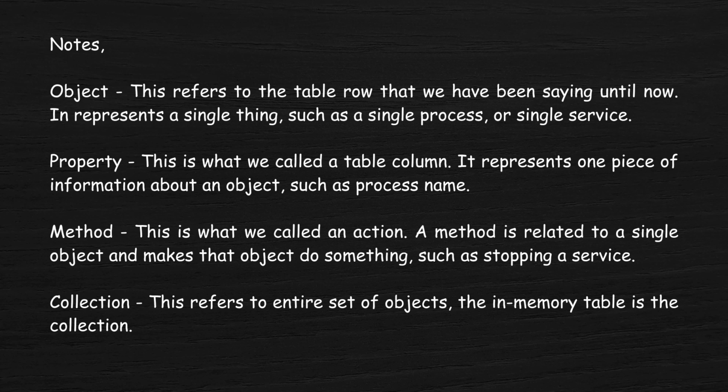Method: this is what we called an action. A method is related to a single object and makes that object do something such as stopping a service. And finally, collection. This refers to the entire set of objects. The in-memory table is called a collection. Now to summarize, a collection is a table, a property is a column in that table, and an object refers to each row in that in-memory table.